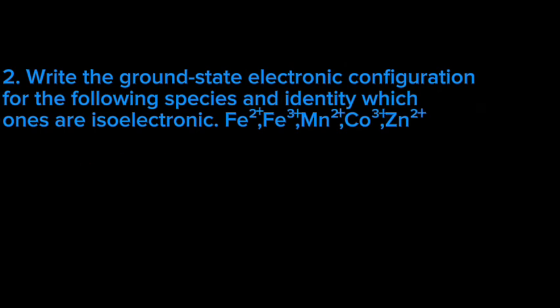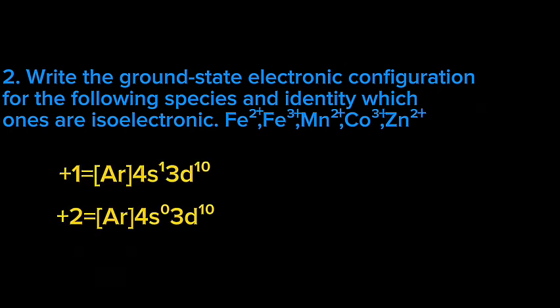Now I would like to point out something. There is a common misconception that since zinc is in the d block, it should have characteristics of a transition metal. But the fact is that zinc has 2 possible oxidation states, which are +1 and +2. So when it is +1, it is 4s1 3d10. When it is +2, which is the maximum oxidation state, it becomes 4s0 3d10.